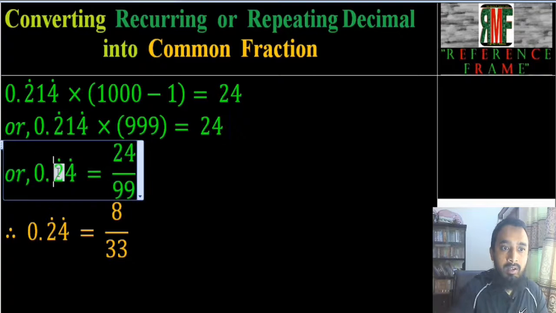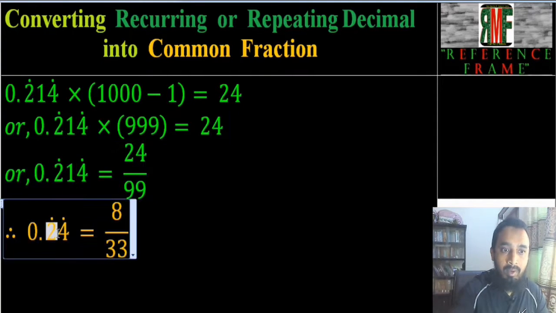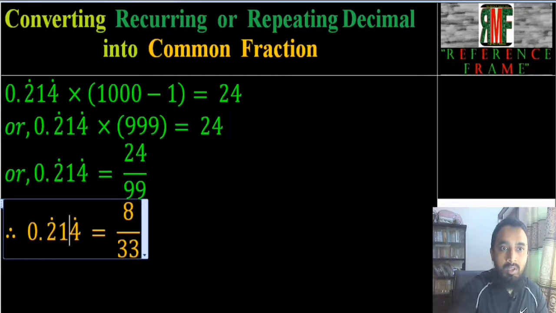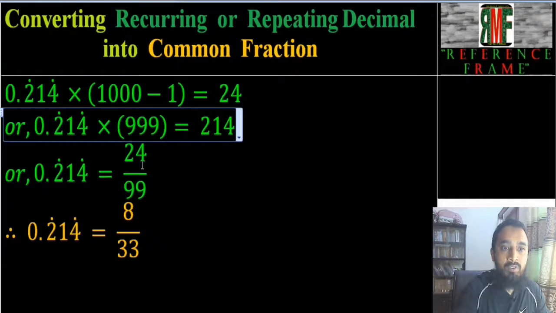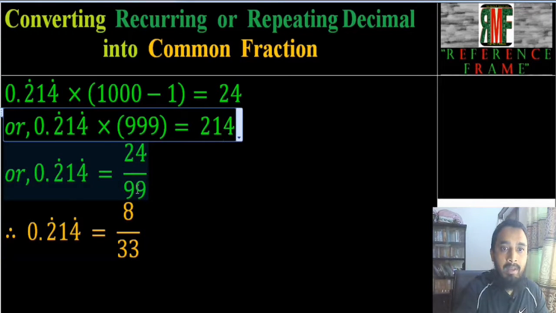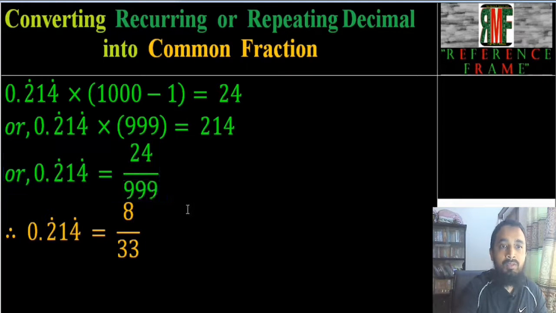Okay, we need to write it down: 214, because our requirement is 214. So we have 214 over 999. If we can cut it, then fine.